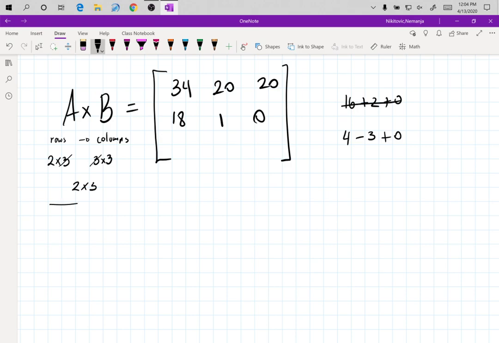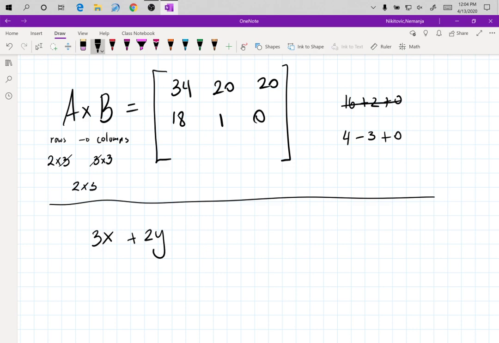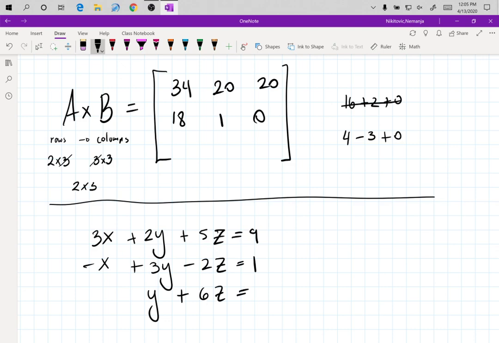So, how do you transform a system? 3x plus 2y plus 5z equals 9. Negative x plus 3y minus 2z equals 1. And then let's say you just have y plus 6z equals 4.